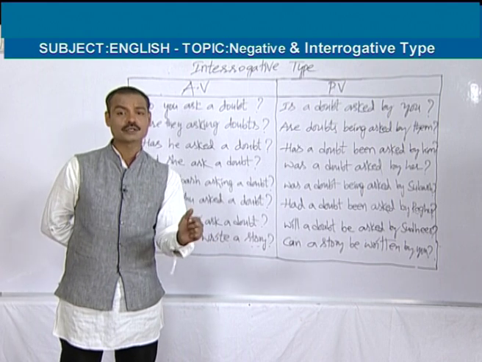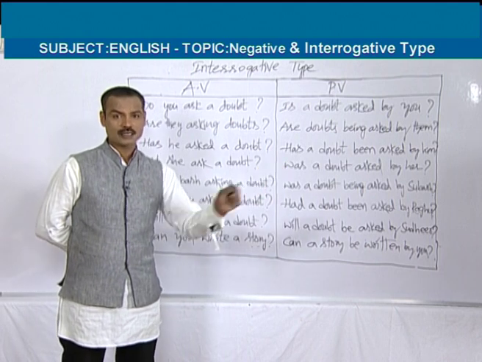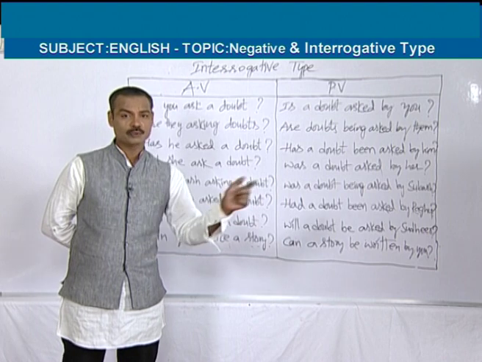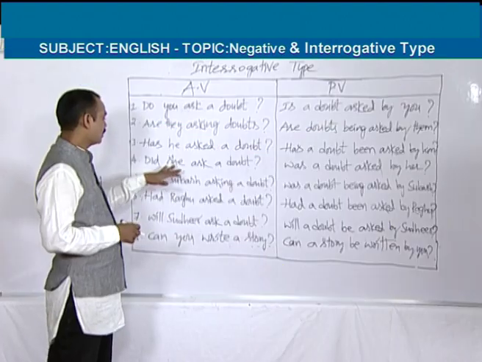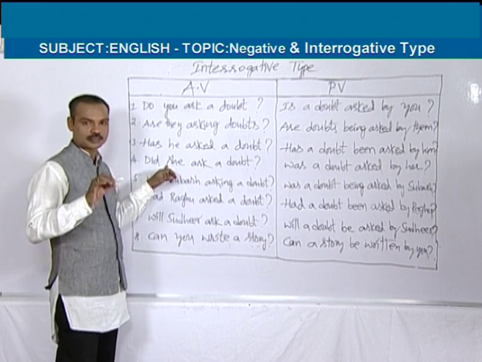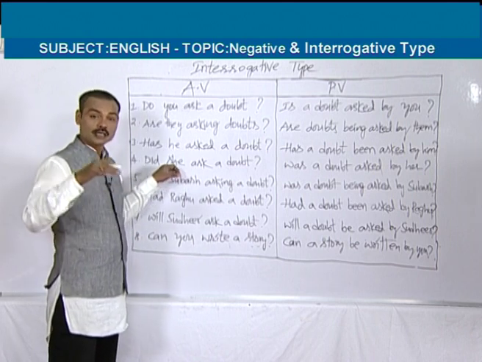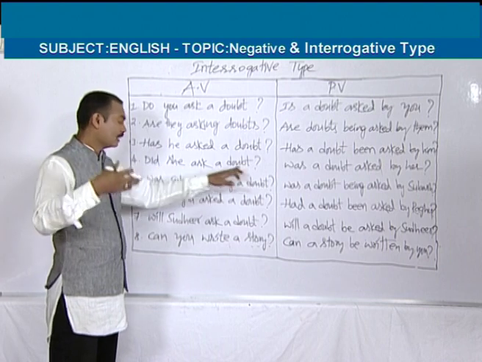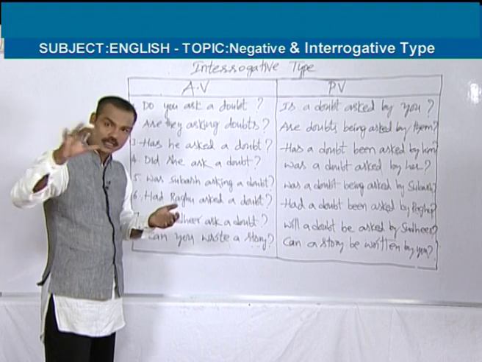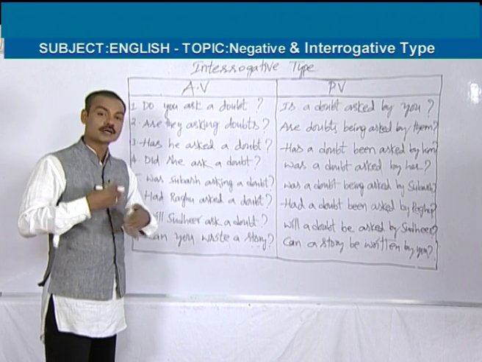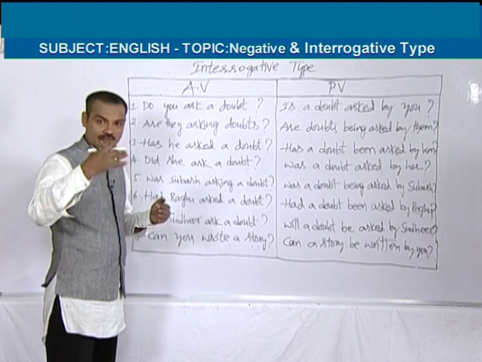So you should find out: if the singular object is there, it should start with has. If the plural object is there, it should start with have. Friends, let's see an example from simple past. In the examination, they may give an interrogative sentence from any tense. Totally there are 12 tenses, but questions will be asked from only 8 tenses.